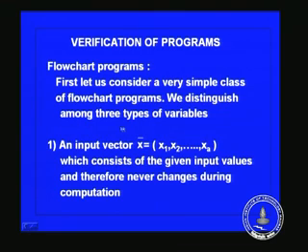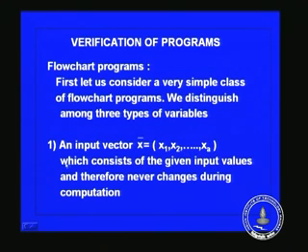We distinguish among three types of variables. The program has to read something, and those are the input variables. During the execution of the program it will use some other variables, called program variables, and it will output something, and that is called the output variable. So, you have an input vector x bar consisting of x1, x2, up to xa, the given input values, and therefore it never changes during the computation.